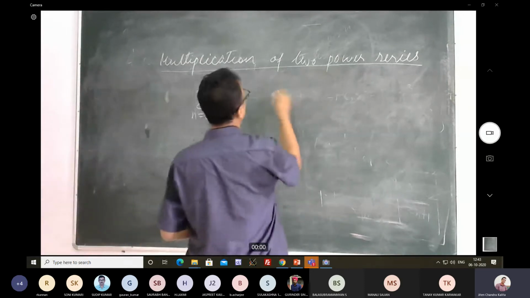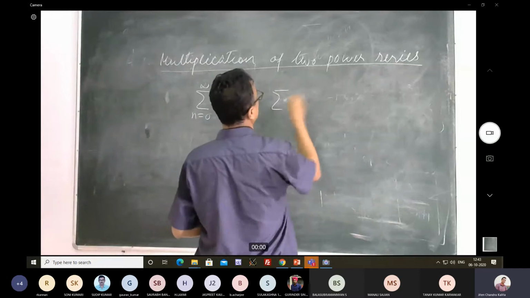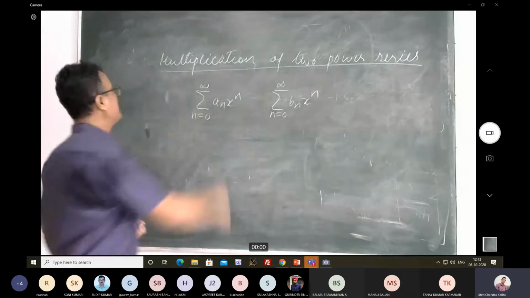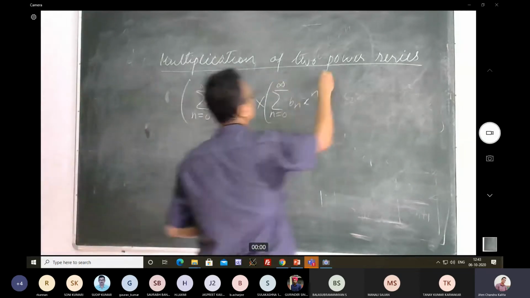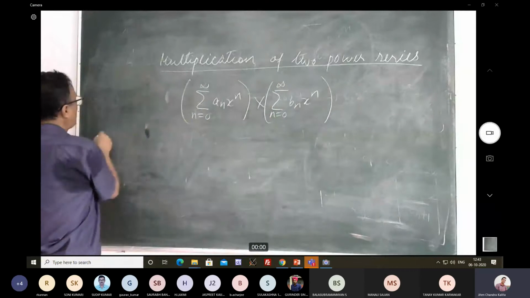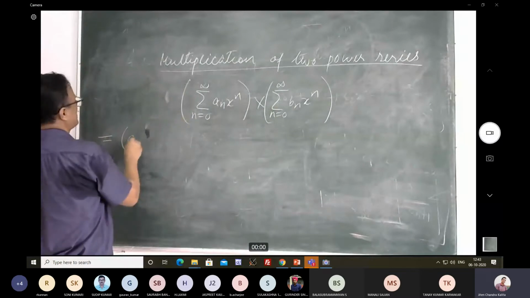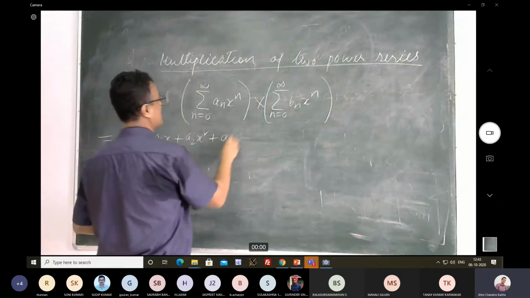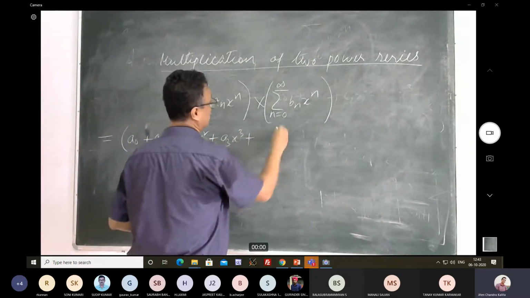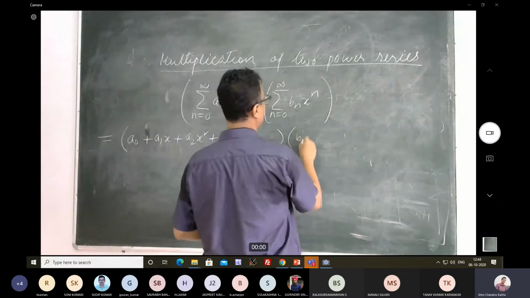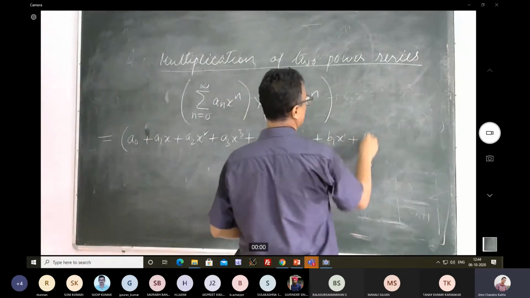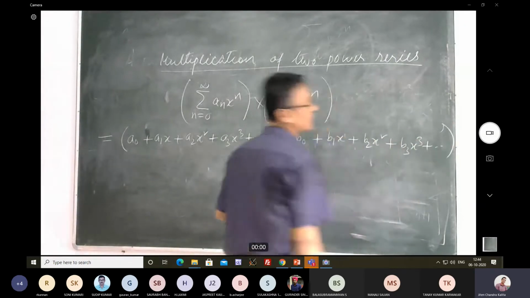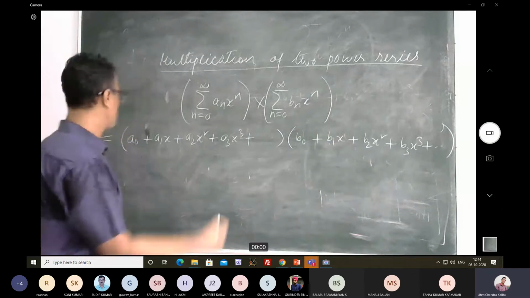Suppose I have two power series like this, and I'm trying to multiply them. Now if I expand it, similarly this is b0 plus b1 x, b2 x squared, b3 x cubed, and so on. Fine. So far so good.